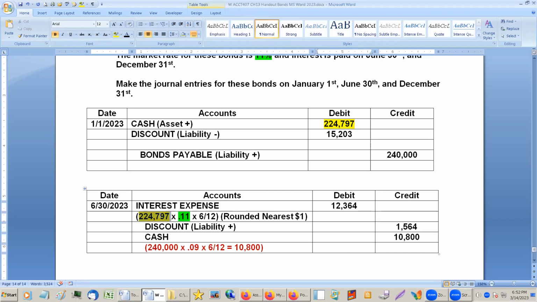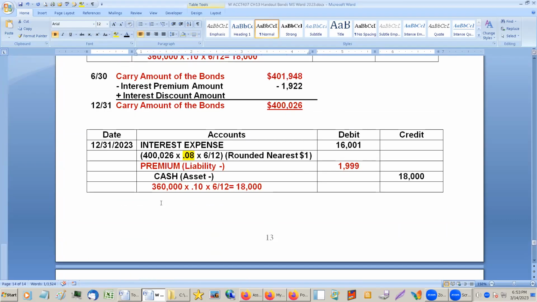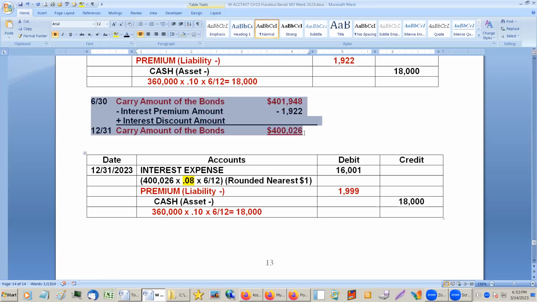Okay, so this is what we really borrowed. And this is what they wanted. We shorted them $1,564. So they're gonna add that on to this 224,797. Copy this thing down.